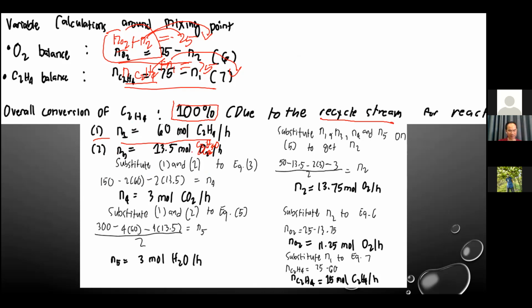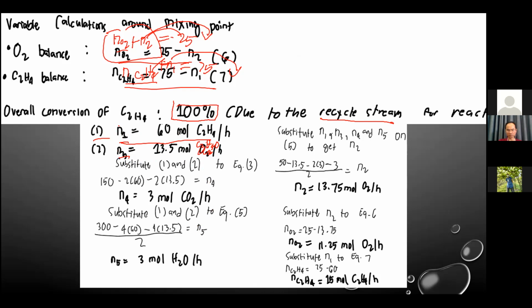That's right, atomic balance. So we just need to solve the N1 and N3 for equation 1. Then, as we know the N1 and N3, we can proceed with solving the next missing variables.